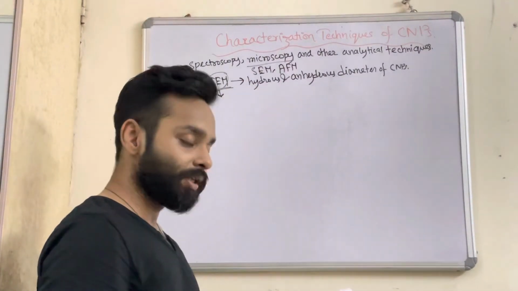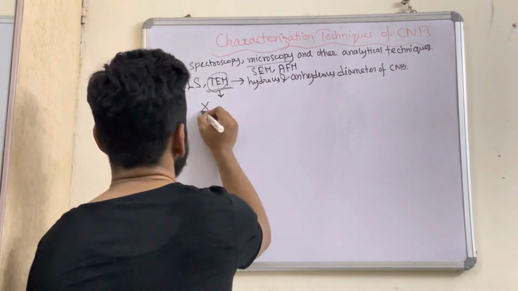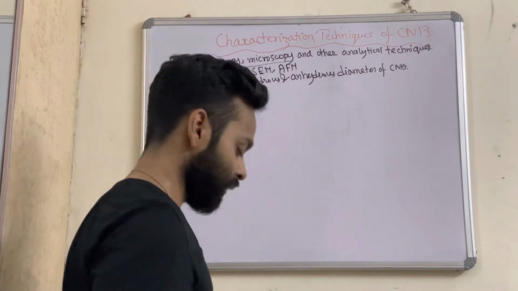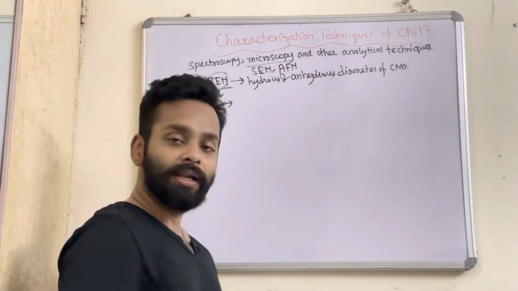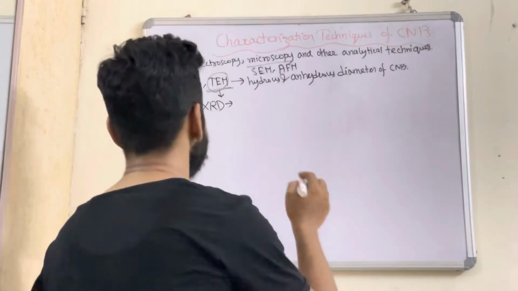So apart from transmission electron microscopy, there is another technique called XRD or X-ray diffraction crystallography. So this XRD is also an important tool for studying the crystallinity of CNPs.